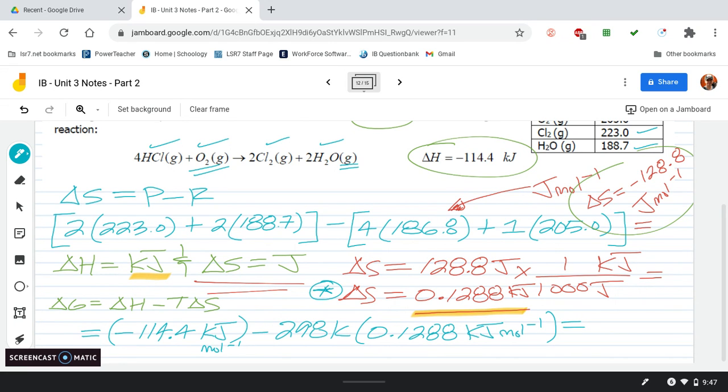Okay, so negative 114.4 minus, in parentheses, 298 times 0.1288, close parentheses, hit enter, and we're going to get our answer.